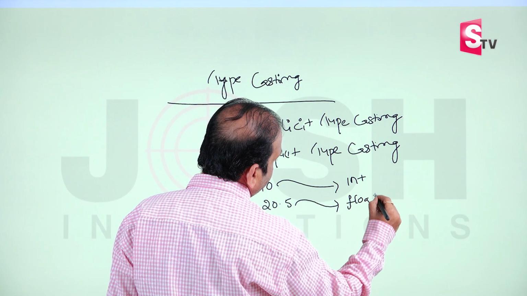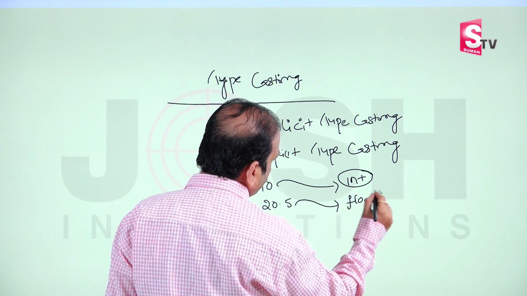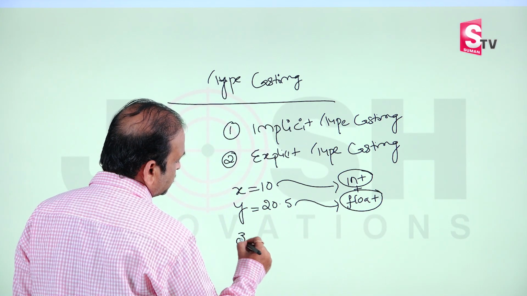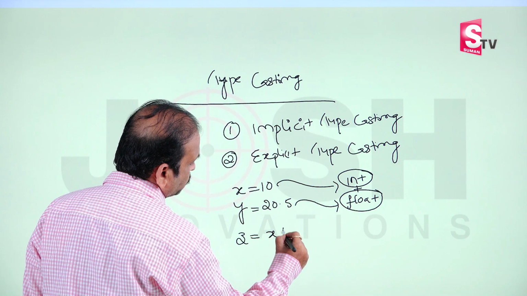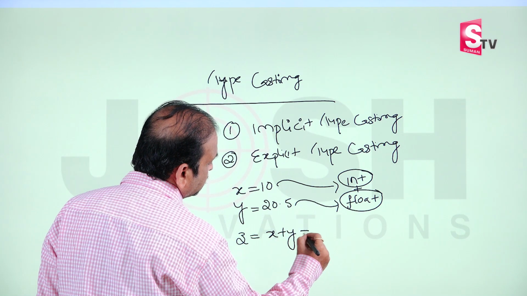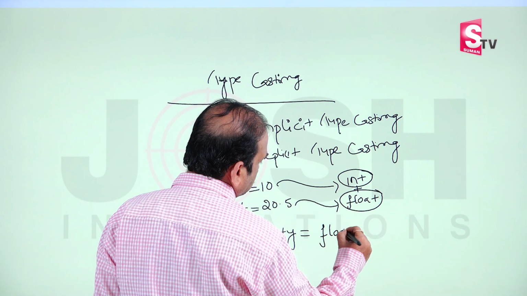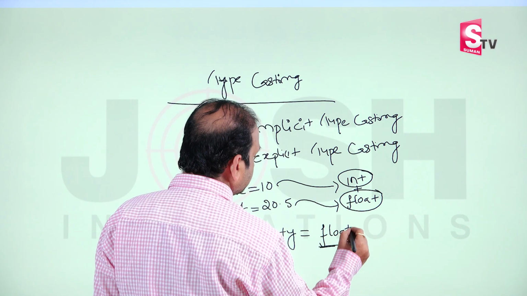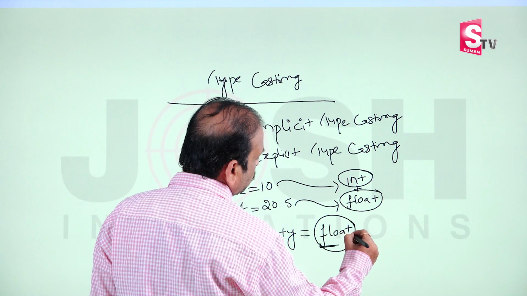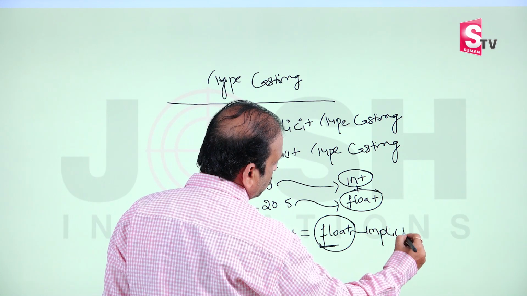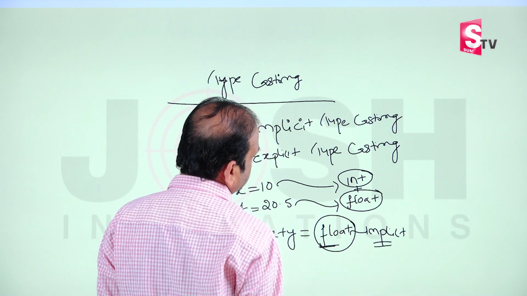Now, I am trying to add integer with float. What happens when you say z equals x plus y? Automatically, it will convert to floating point number. So this is called implicit type conversion.